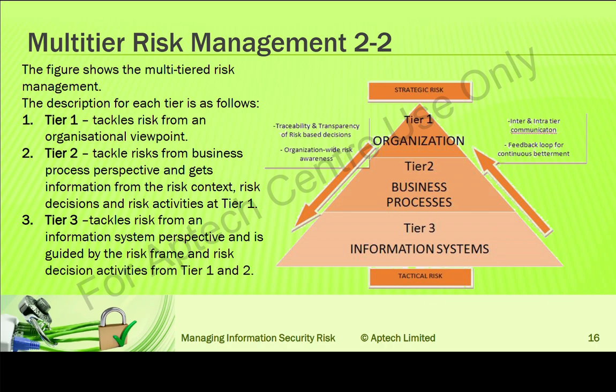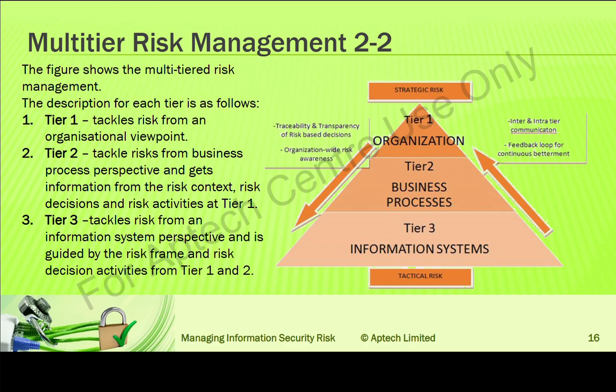These are the outputs from tier one: the traceability and transparency of risk-based decisions, organization-wide risk awareness, strategic risk, tactical risk, information system, business process, and organizations. Every piece of information gathered here will help to address tier two and the information system risk.